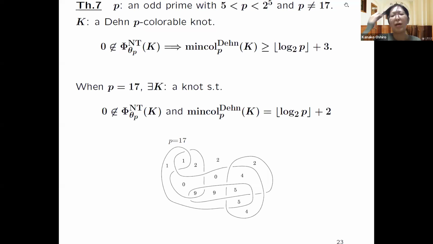So what happens when p is equal to 17? Actually, when p is equal to 17, there exist knots satisfying this assumption, but they don't satisfy the conclusion. This is such a case.